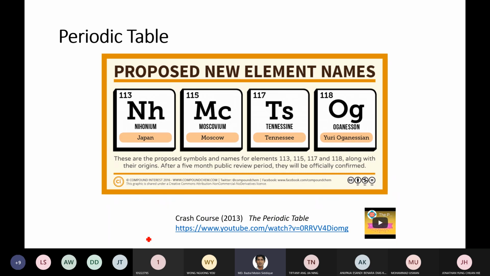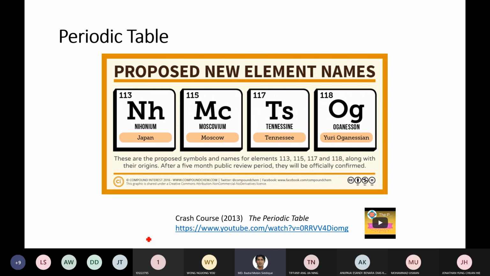I don't know about you, but when we were in school, we used to know that there were 105 elements in the periodic table, right? We used to learn this way. But nowadays, we can see that there are 108 elements on the modern periodic table, more than that actually.